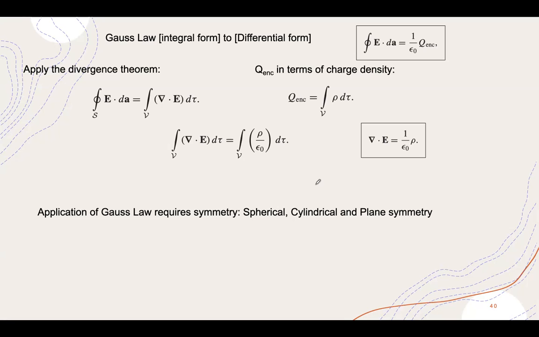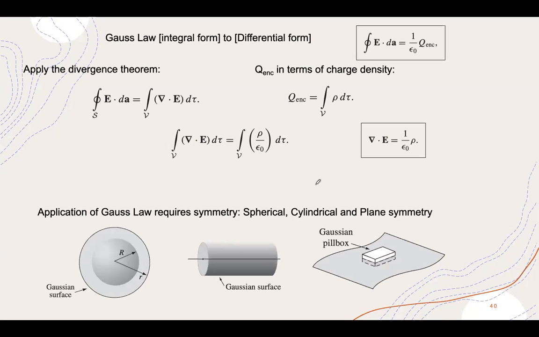For example, for a sphere of radius r, which we talked about in a previous session, one can make a Gaussian surface like this if we want to calculate the field outside the sphere.